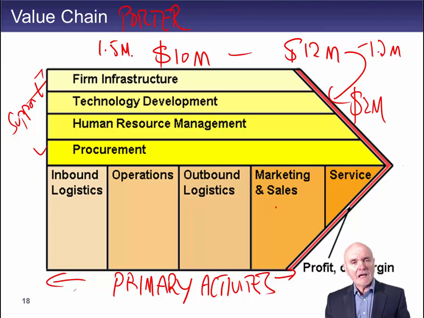And what Porter was saying is, you as a supplier, as the owner of this value chain, you have to know what it is that your customers really appreciate. So for some companies, what the customer really appreciates is very low cost. What's being made is a very ordinary product, and they just want a very low unit cost.